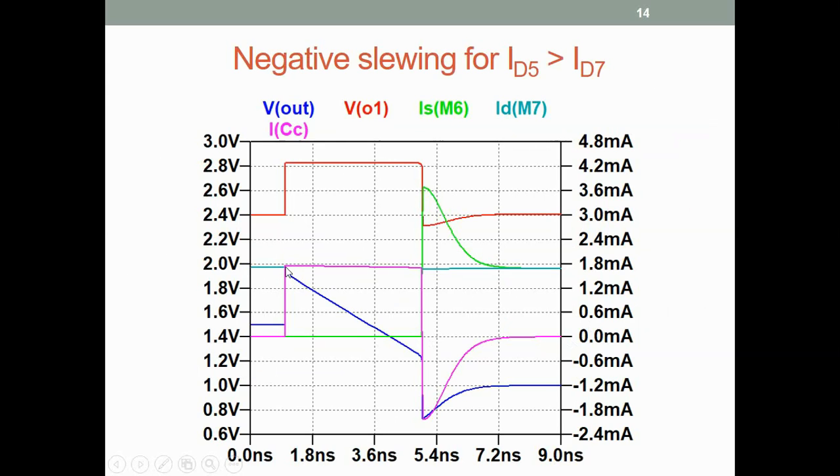It is continuing to flow about whatever it was earlier, in this case some 1.7 milliamperes. That current is the current in the capacitor also. This purple is the capacitor current, overlapping the M7 current, and that is what charges the capacitor and causes V out to drop linearly with time.